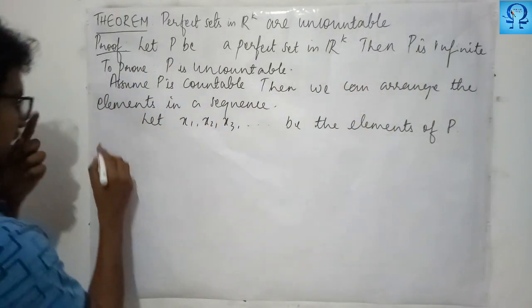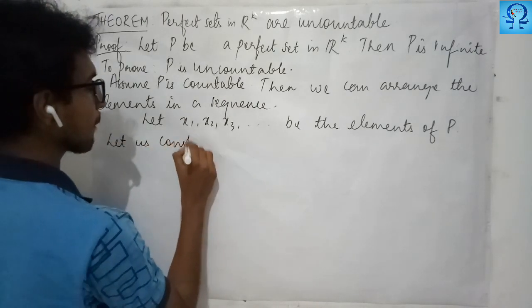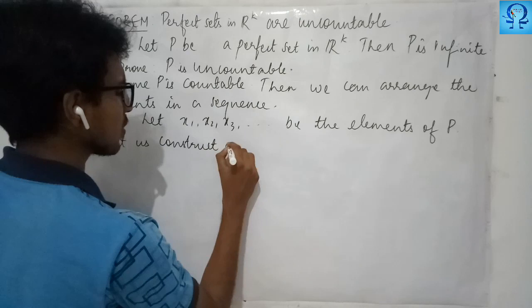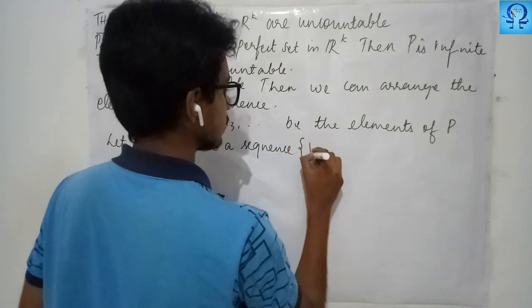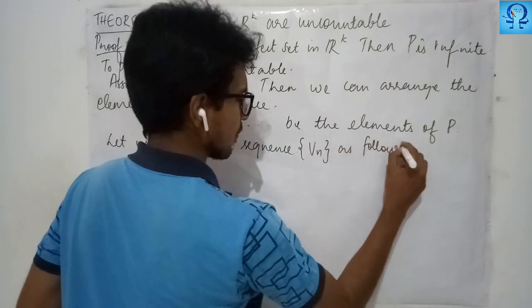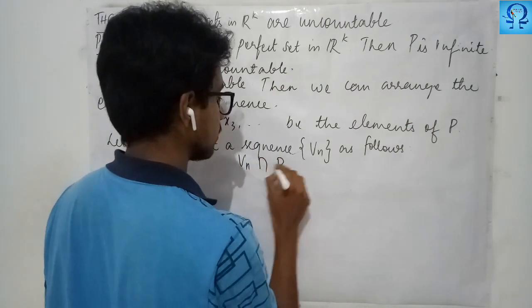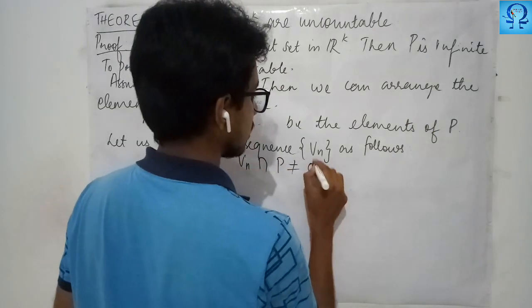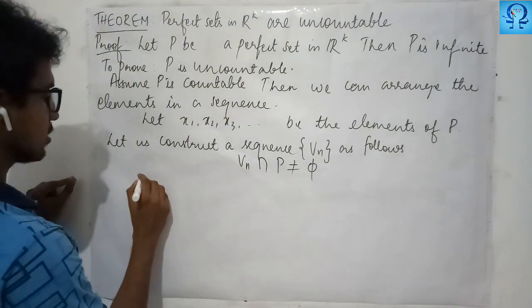Now we are going to construct a sequence of neighborhoods. Let us construct a sequence Vn as follows, in a way that Vn intersection the set P is not empty, and it has to satisfy certain conditions.